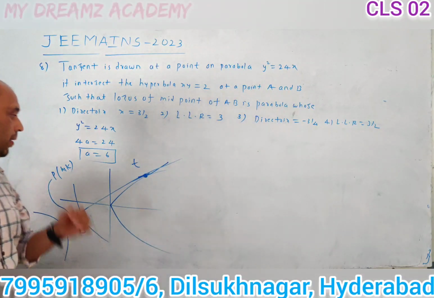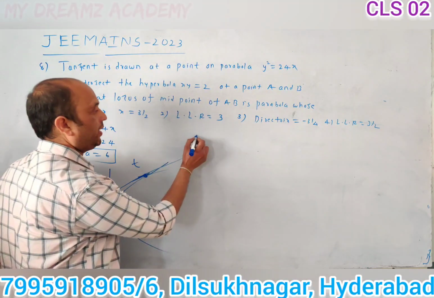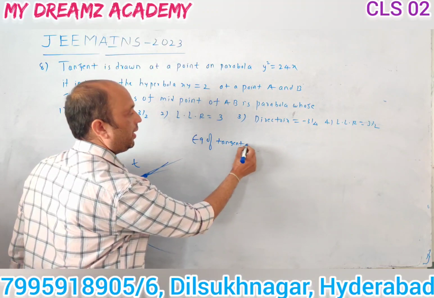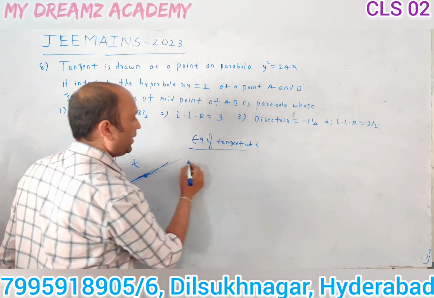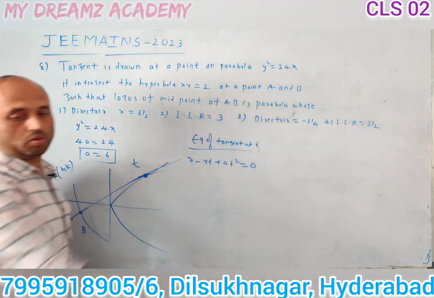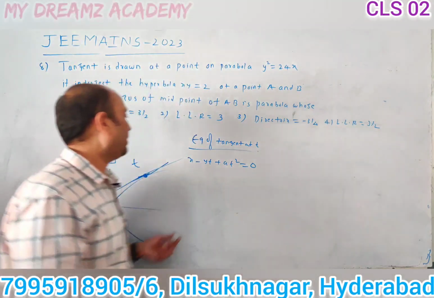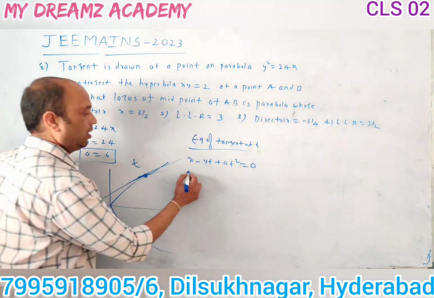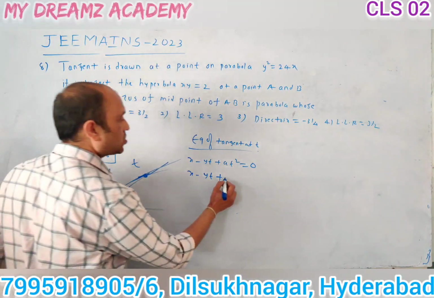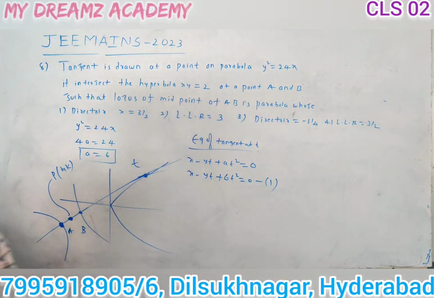Already we know the equation of tangent at point t: x minus yt plus at square is equal to 0, that is x minus yt plus 6t square is equal to 0. This is equation number 1.